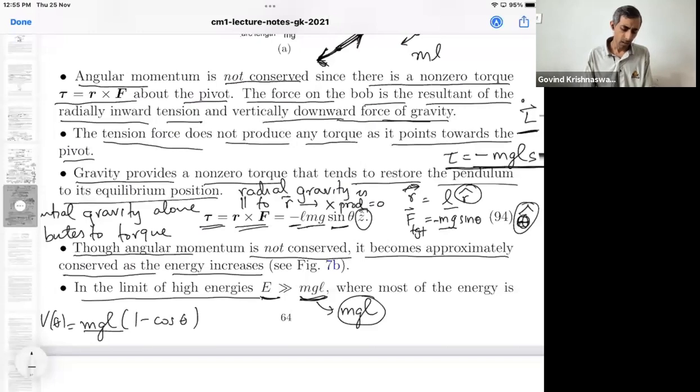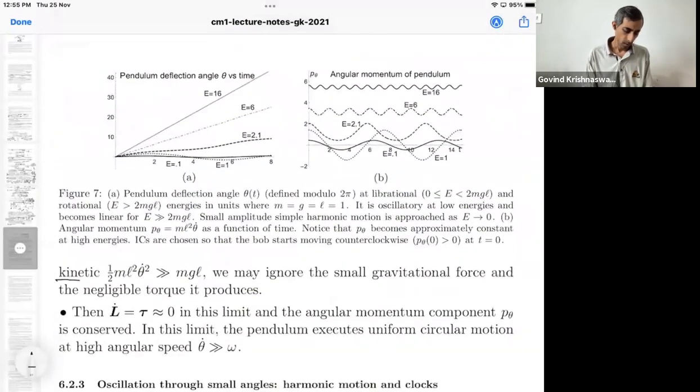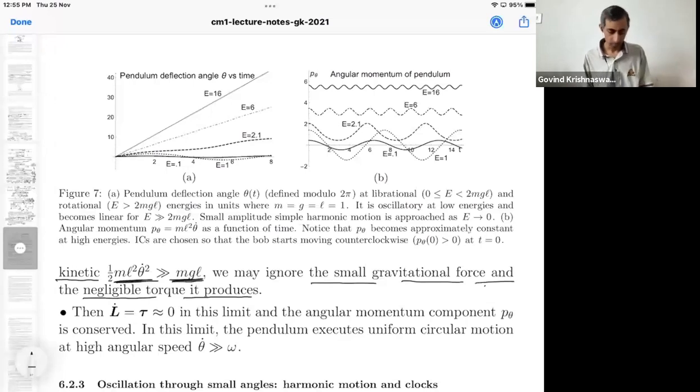Now, if the energy is much more than MGL, then most of the energy is kinetic, right? The potential energy is very negligible. In that situation, we may ignore the small gravitational force, which is responsible for the potential energy, and also ignore the negligible torque that the gravitational force produces.